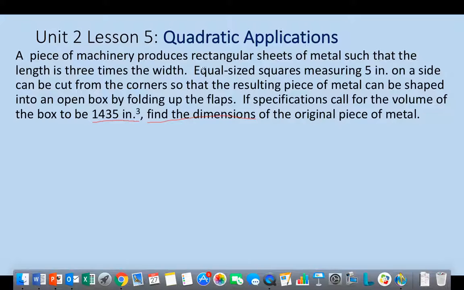So, all right, now I go back and I start reading. It's a rectangle sheet, so anytime I've got a geometry type problem, I'm going to be drawing my diagram. It says the length is 3 times the width. So I've got the width, we'll call that w, and the length is 3 times the width, so 3w.